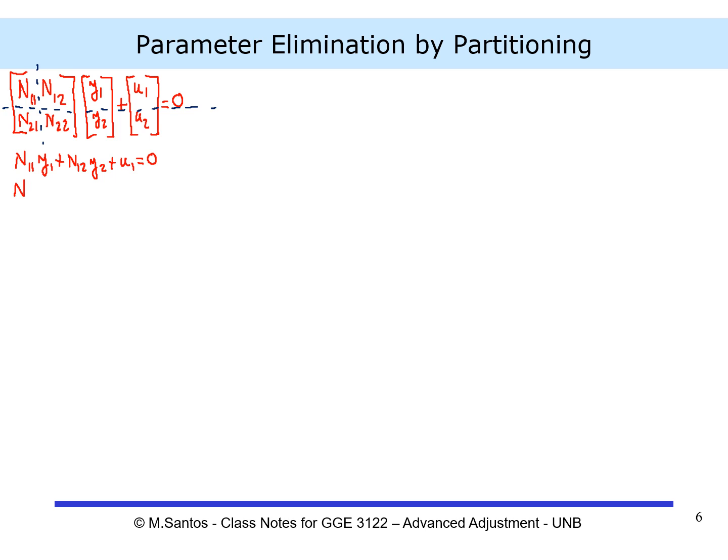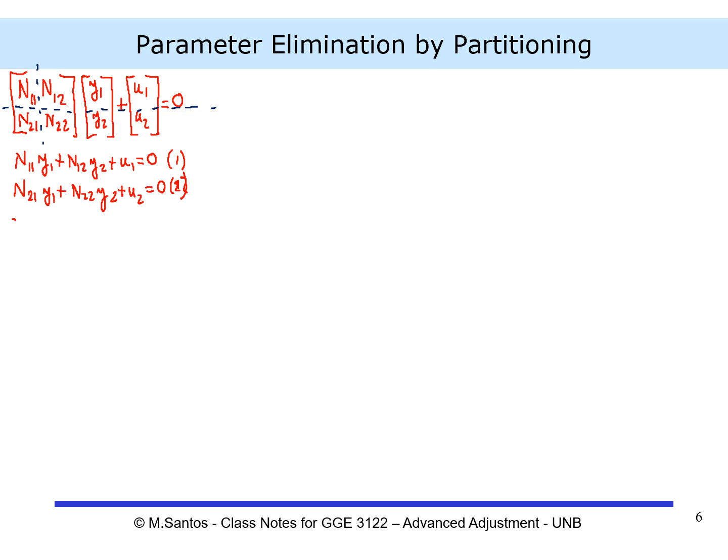The other term is going to be n21 multiplying y1 plus n22 multiplying y2 plus u2 equals to 0. We can call these equation 1 and equation 2.